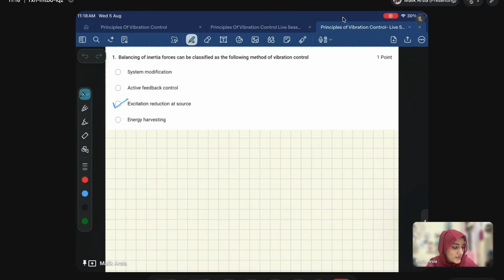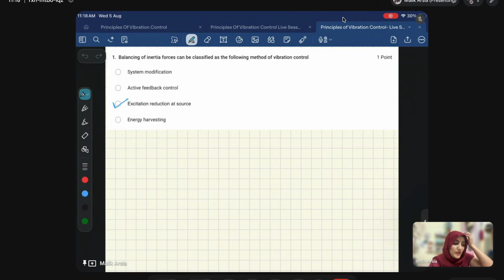Now here it is asking that balancing of inertia forces falls into which category. Since balancing of inertia forces means that we are basically at the source itself, adding some weights or trying to change the vibration there itself, because inertia forces are basically at the source itself. So this falls into the excitation reduction at source. Why not the other? Because in system modification, our primary system, we are making changes to that.